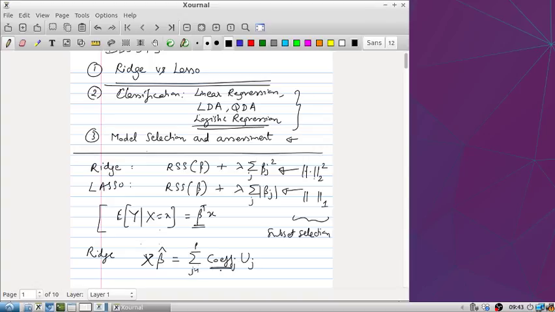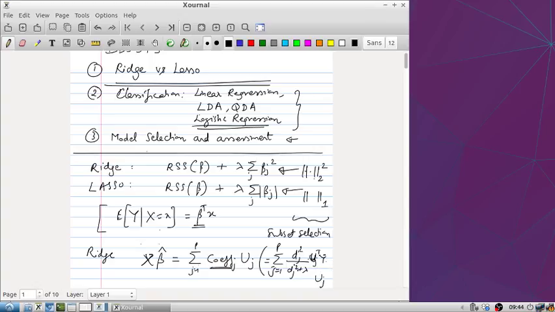If you remember, the right expression was sum over j equal to 1 to p of dj square divided by dj square plus lambda times uj transpose y vector times uj.